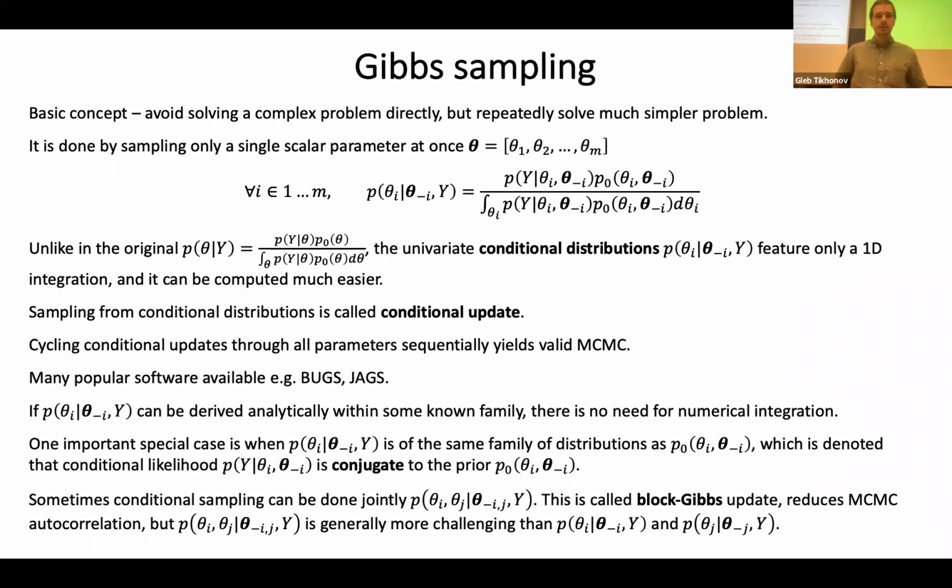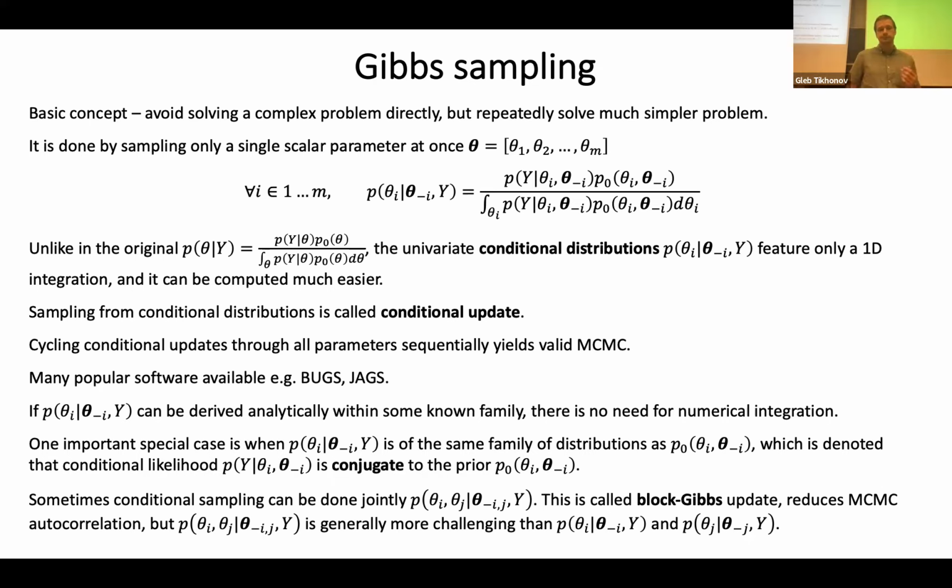Okay, so what is Gibbs sampling? The basic concept of Gibbs is that we don't want to solve a very complex problem of sampling from the posterior by designing a complex MCMC, but we would like to repeatedly solve much simpler problems of adjusting a single parameter of our parameter vector at a time.